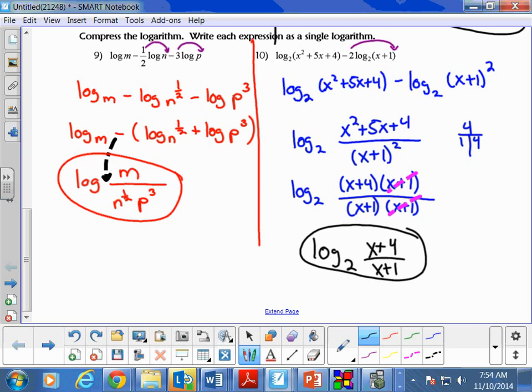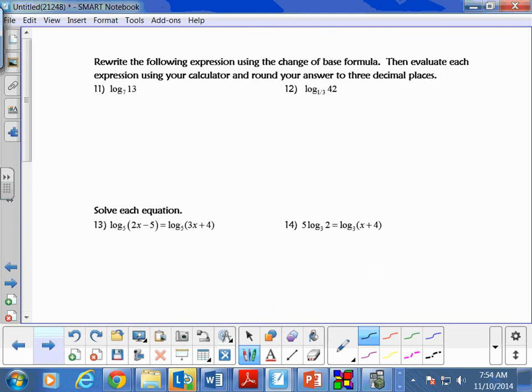Now let's go ahead and move on to the rest of this. Now this one, they want you to rewrite the expression. Question 11 says rewrite the following expression using the change of base formula. Then evaluate each expression using a calculator, and round your answer to 3 decimal places.